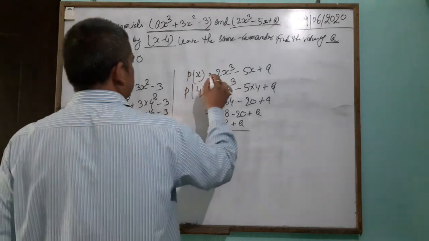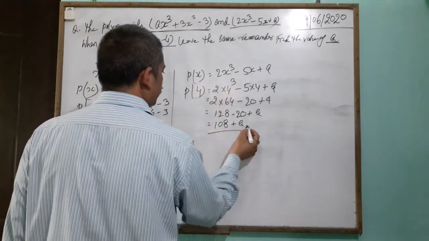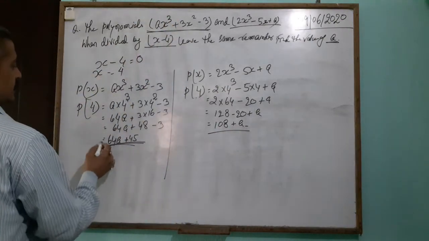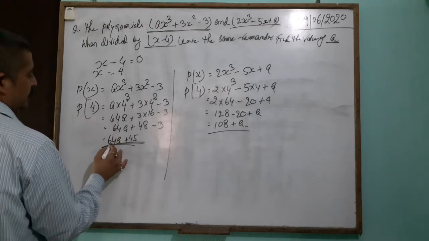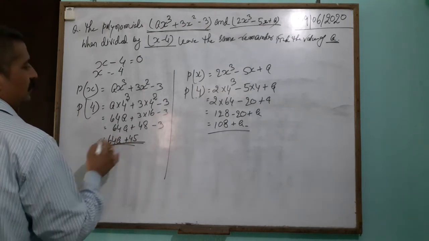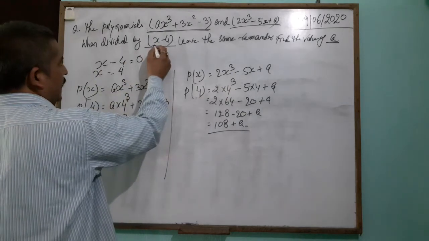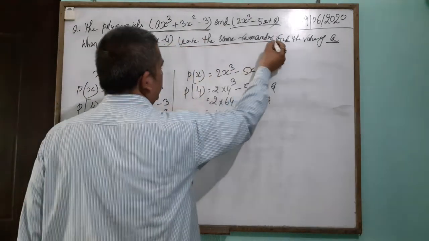So in that case, putting the value 4, we get the remainder as 108 plus 8. In the other expression, we put x equal to 4 and get 64a plus 45. The question is that when divided by x minus 4, both leave the same remainder.